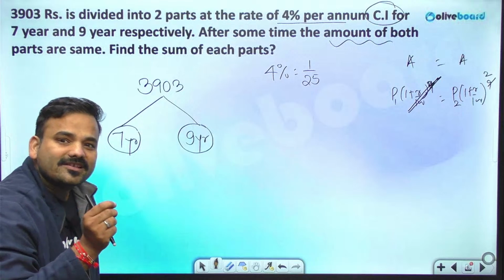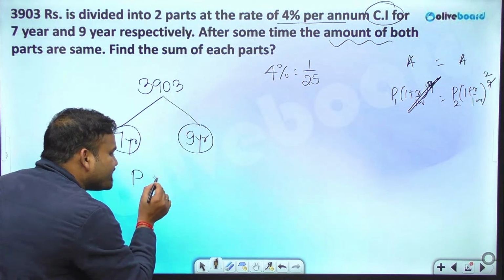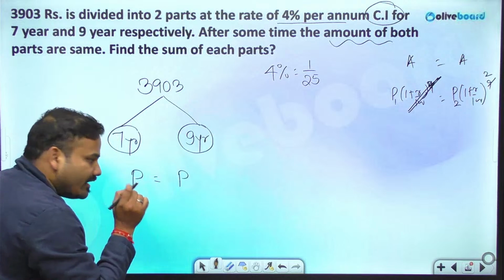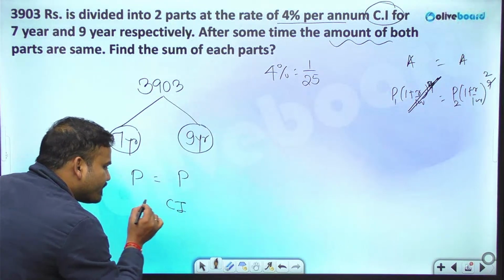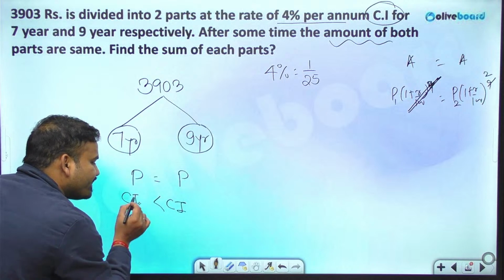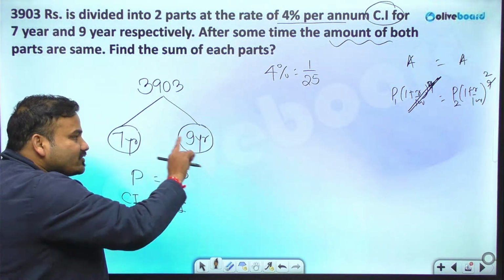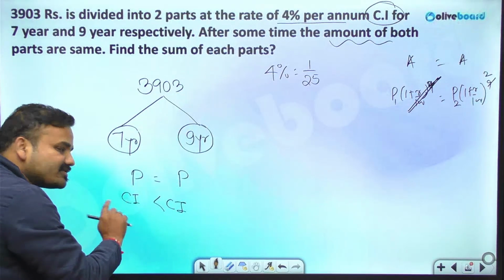So how come this amount is going to be the same? If I put equal principal in both accounts, then the interest of this person will definitely be more than that of this person. Reason being, he has 2 years more.